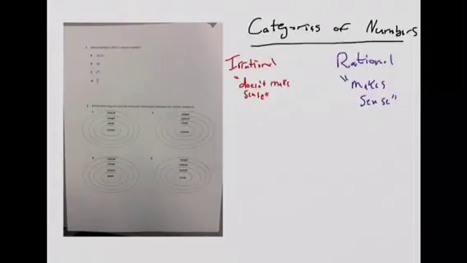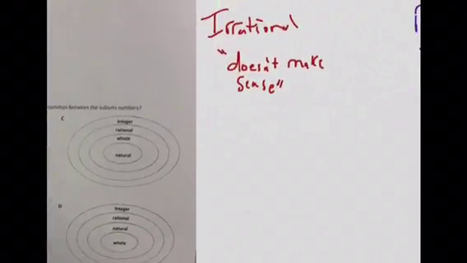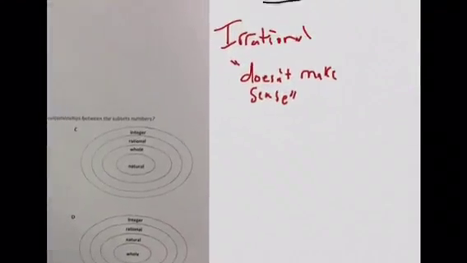So irrational numbers are numbers that don't make sense. Irrational literally means it's not rational. It doesn't make sense. In a number sense, what that means is a number that goes on forever with no pattern. So I'm going to write that here.